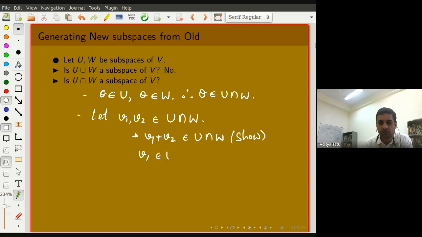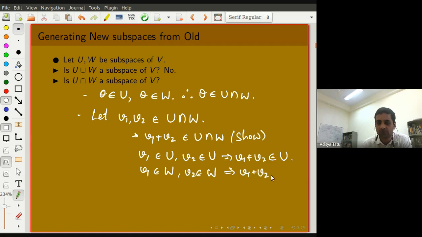V1 belongs to U, V2 also belongs to U, since they belong to the intersection. So therefore, V1 plus V2 will belong to U because U is a subspace. Similarly, V1 belongs to W, V2 belongs to W. Therefore, V1 plus V2 also belongs to W, which implies V1 plus V2 belongs to the intersection of U and W.